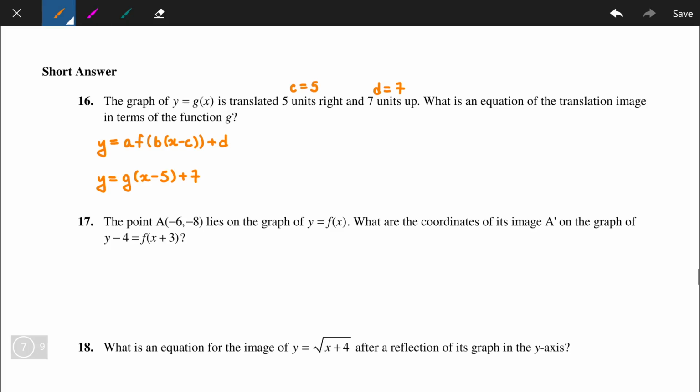So in this case, we have d is equal to 4 and c is equal to -3. So that means we are moving up 4 and also left 3 spaces.